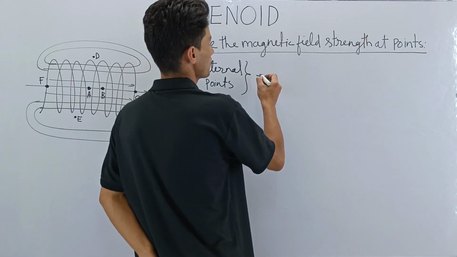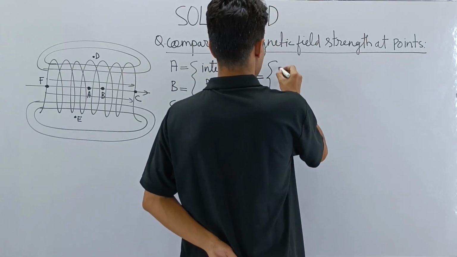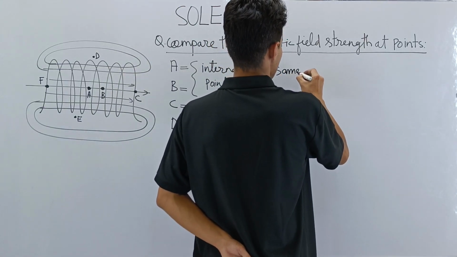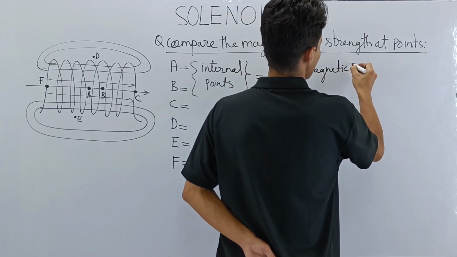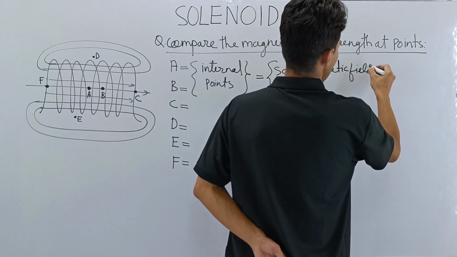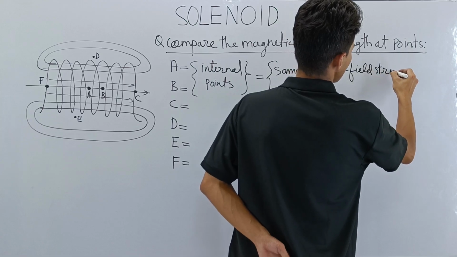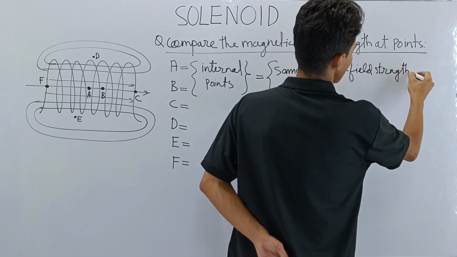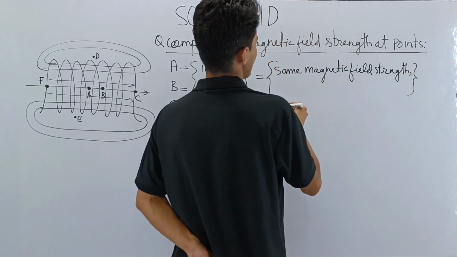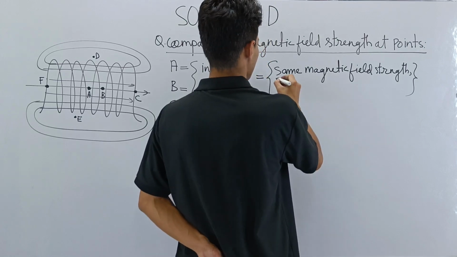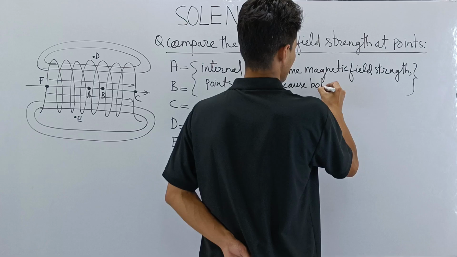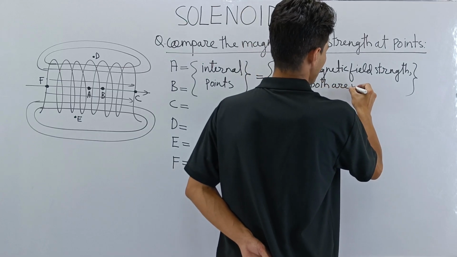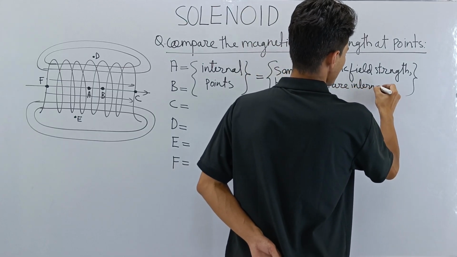Remember this. So they'll have the same magnetic field strength, because both are internal points.